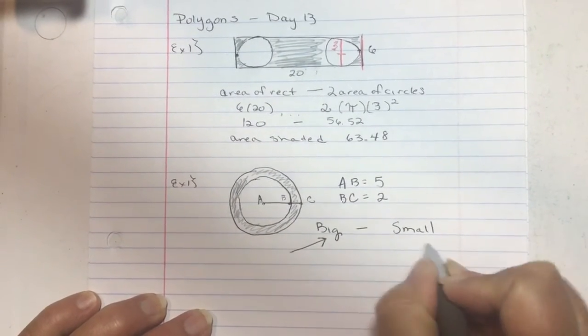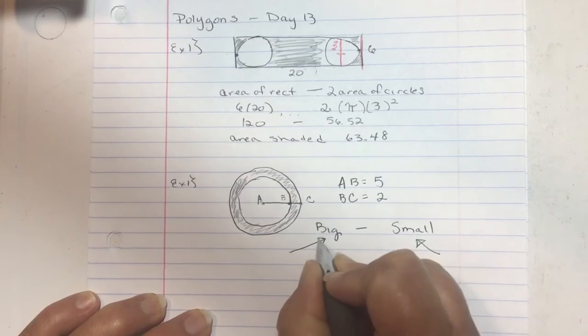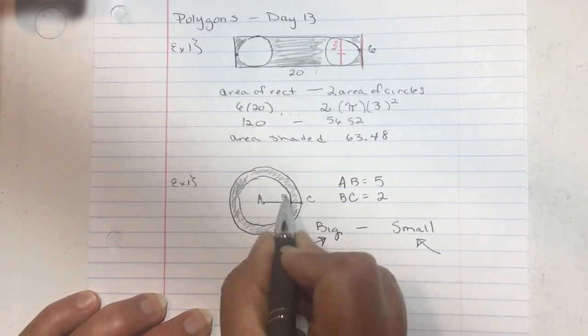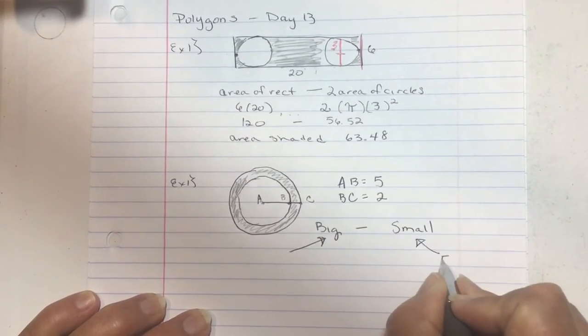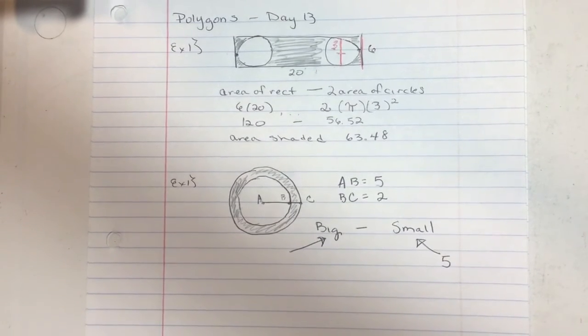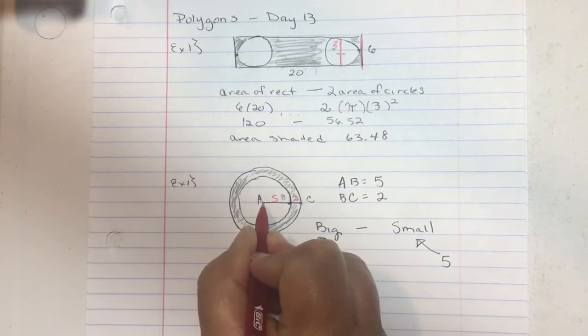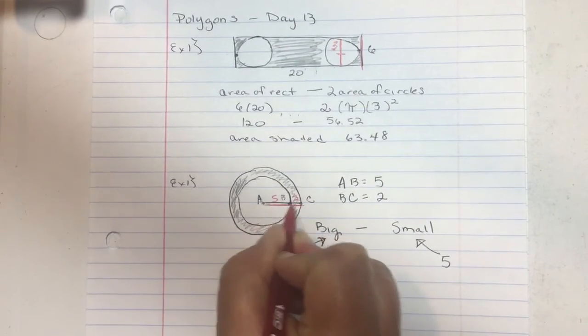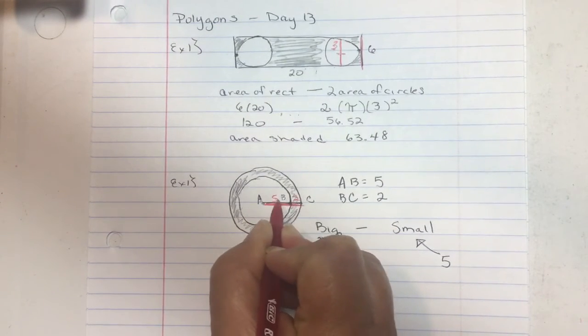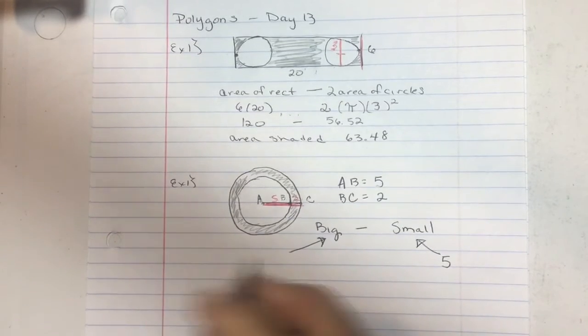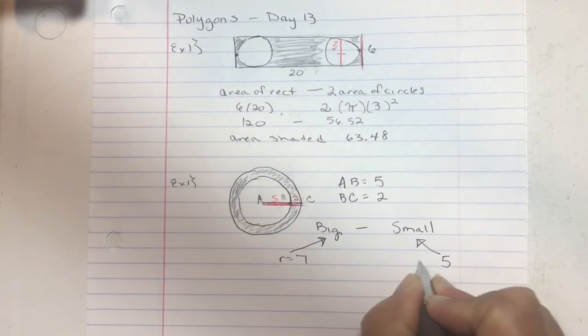Well, you got to know the radius. Well, the small circle is AB, so its radius is 5. The big radius, think about what it is. 5 and 2, or 7.